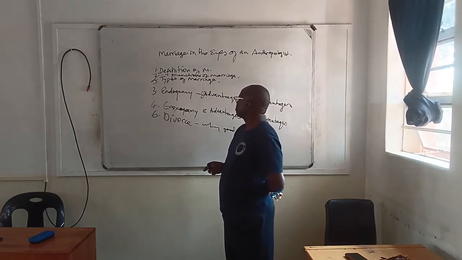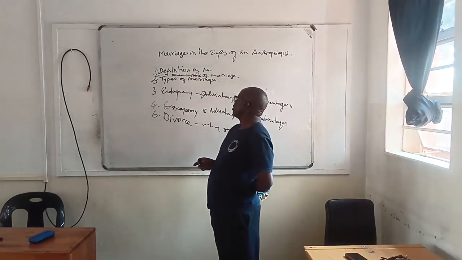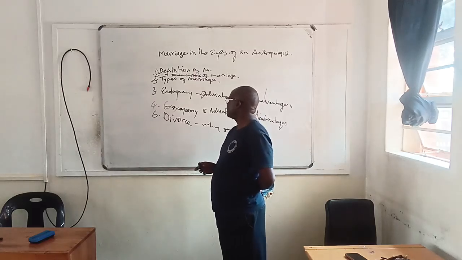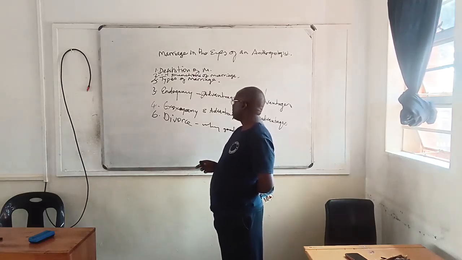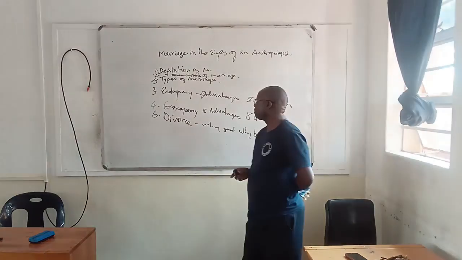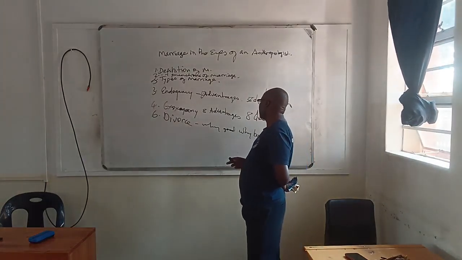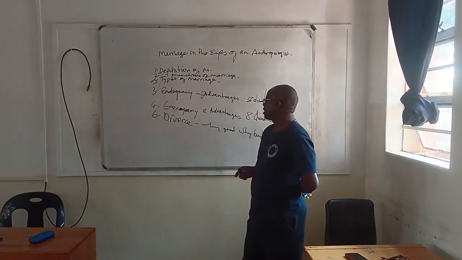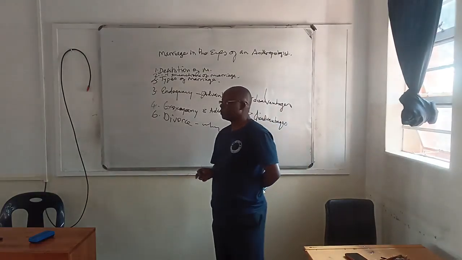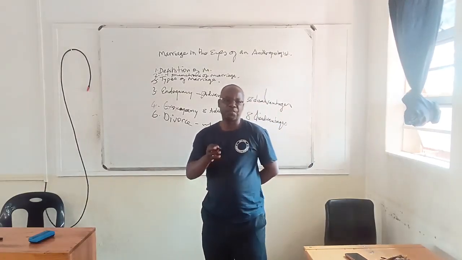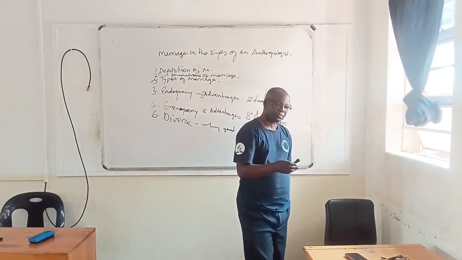Their presentation will first focus on the types of marriage, endogamy, advantages and disadvantages, exogamy, advantages and disadvantages, and finally on divorce. So can you come up one by one?